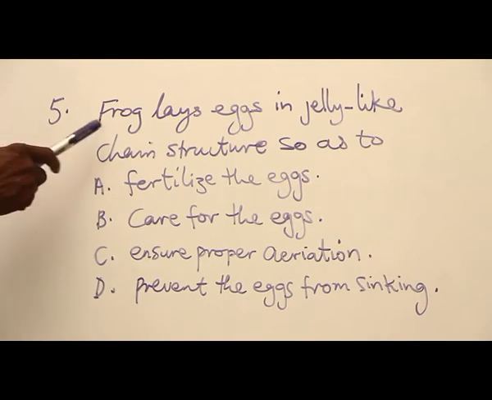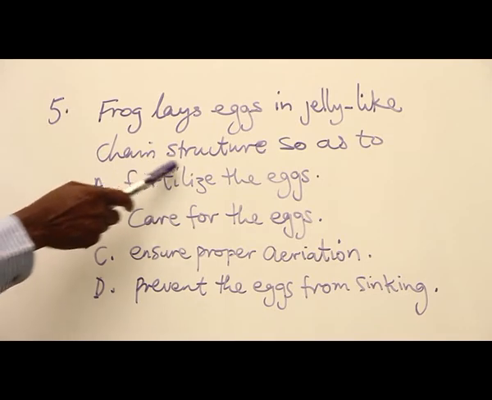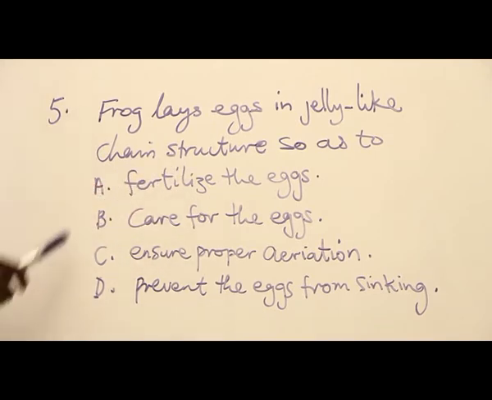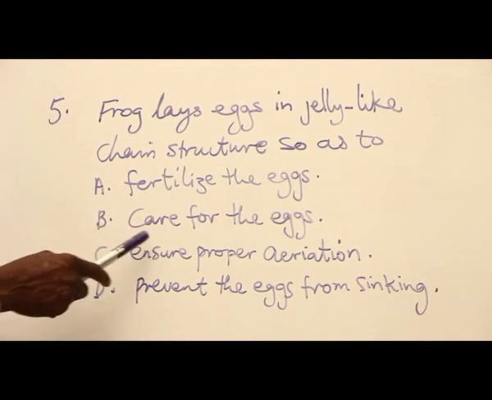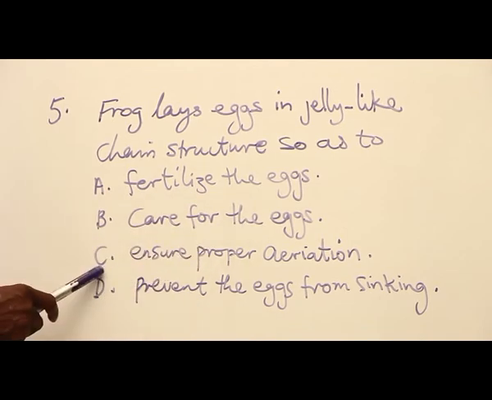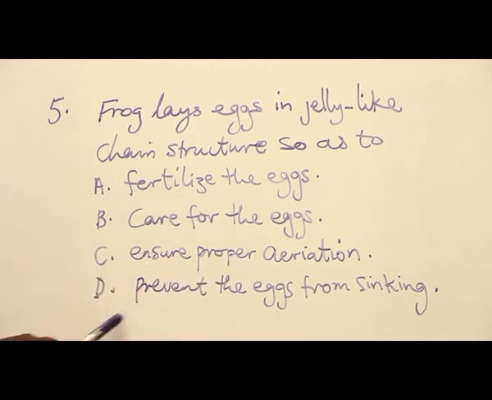Question 5. Frog lays eggs in jelly-like chain structure so as to A. fertilize the eggs, B. care for the eggs, C. ensure proper aeration, and D. prevent the egg from sinking.